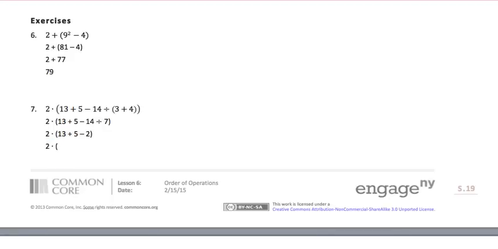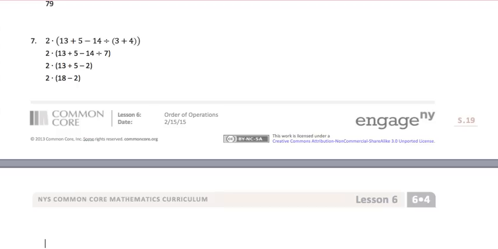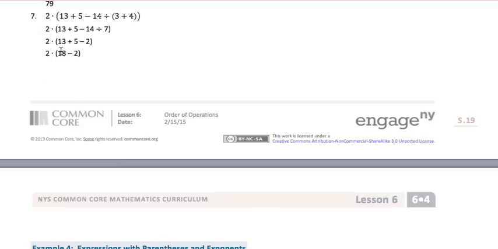And 13 plus 5 is 18 minus 2. So now we will have 2 times 16, which is 32.